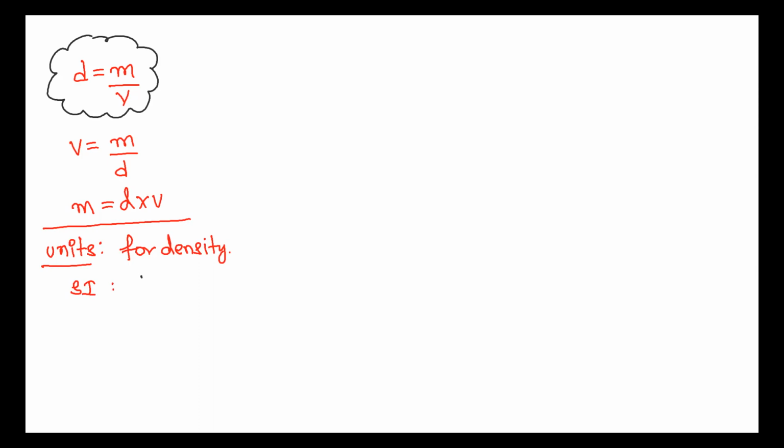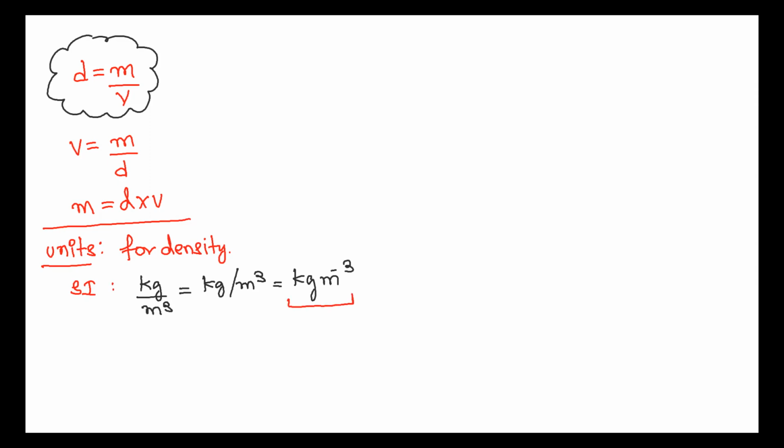That is kg per meter cube, and this can be written as kg per meter cube, or also as kg meter to the power -3. This is your SI unit.